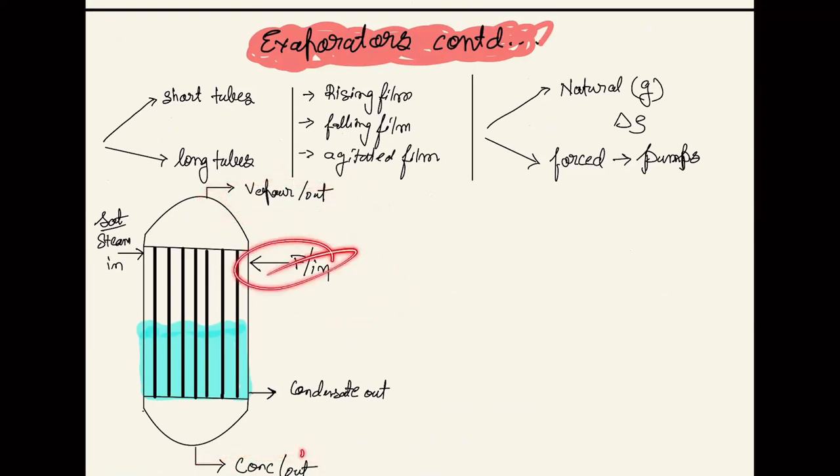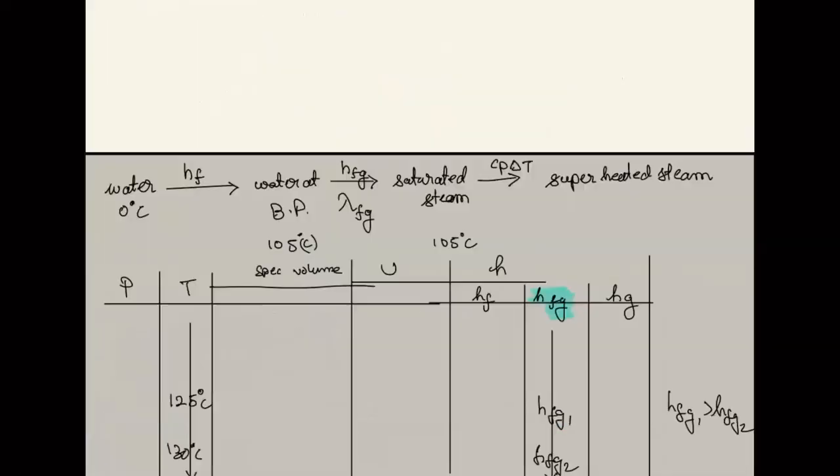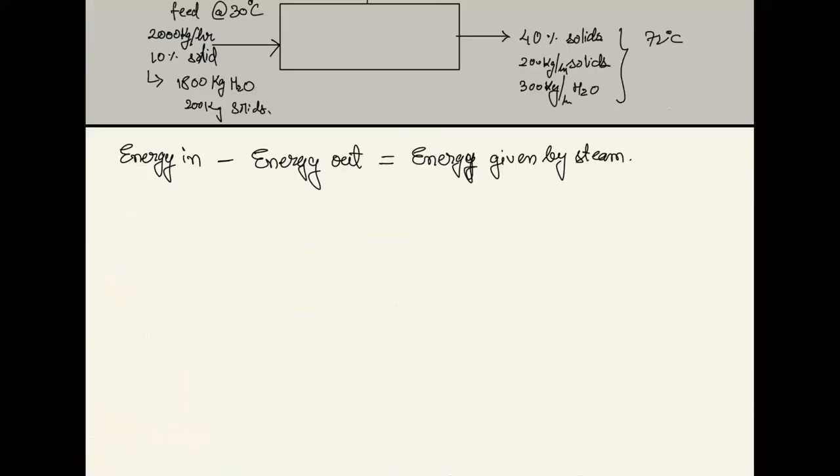And इसमें जितना भी एनर्जी का चेंज आया है, this change has to be done by this. इसमें क्या होगा, m times lambda. तो m lambda is equal to Q is equal to the delta E in these streams, correct? I hope everyone is okay with that.